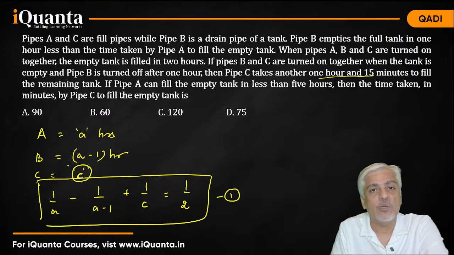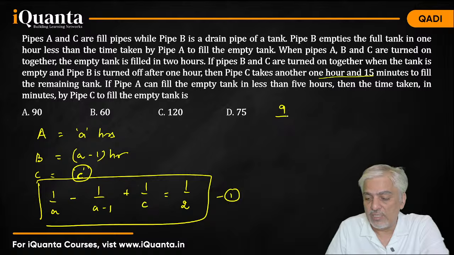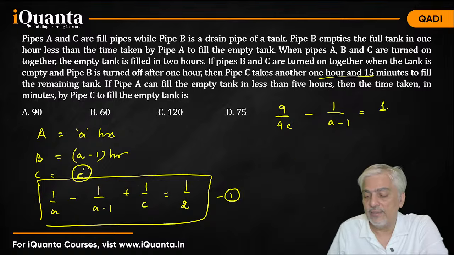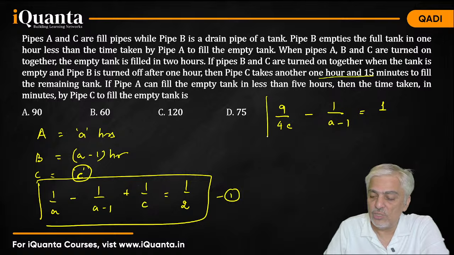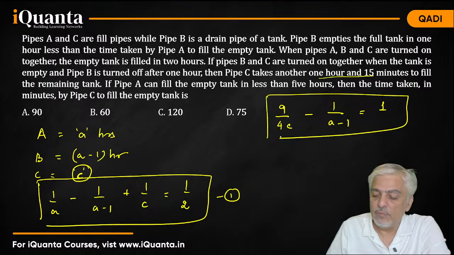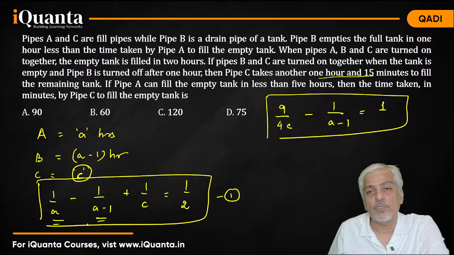So in 1 hour it will do 1 upon C. So in 9 upon 4 hours it will do 9 upon 4C minus B for 1 hour. So B is 1 upon A minus 1, and this is also equal to full tank. So this is equal to 1, and you have 2 equations. You should take them carefully, because in this equation there is A also and A minus 1 also. Try and substitute for C, it will be easy and you will solve it.